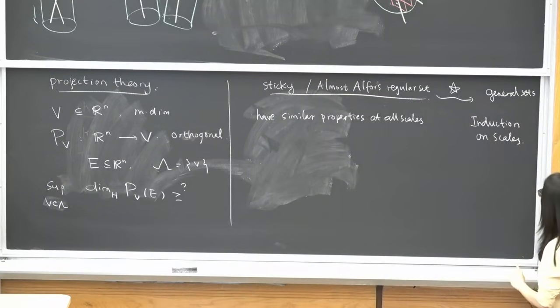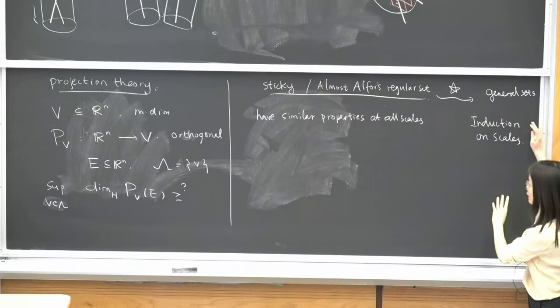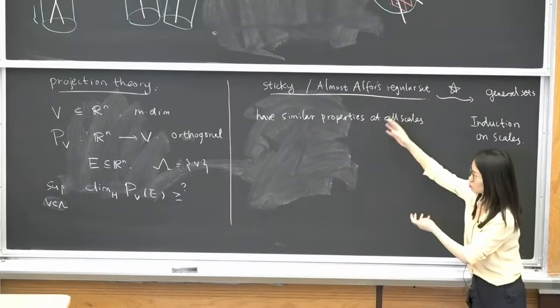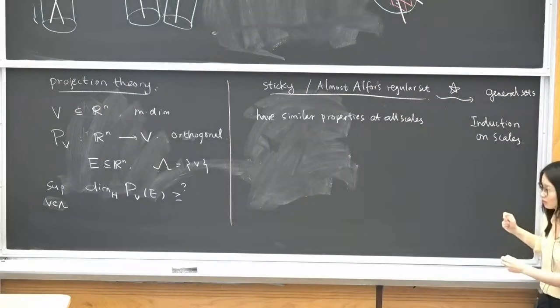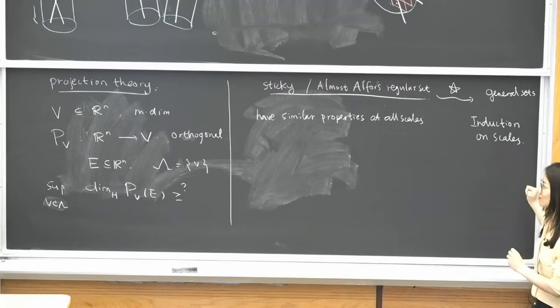Okay. So the idea is that we use the results about sticky sets as a black box, and then try to design induction on scales according to the problem we want to study. So this is all very abstract.